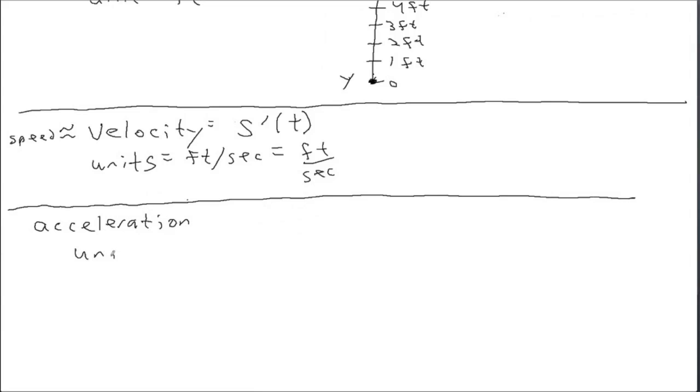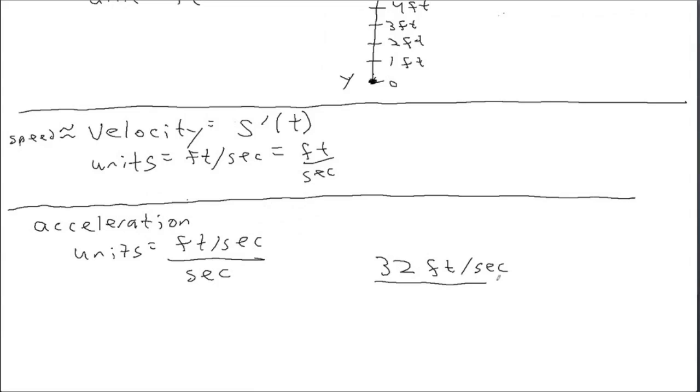So the units for acceleration are feet per second per second. You can already see how this is a subtle concept because the units are so complicated. For example, your acceleration might be 32 feet per second per second. We'll just try to briefly understand what this means. Notice that the units on the bottom here are seconds. What concept do we measure in seconds?